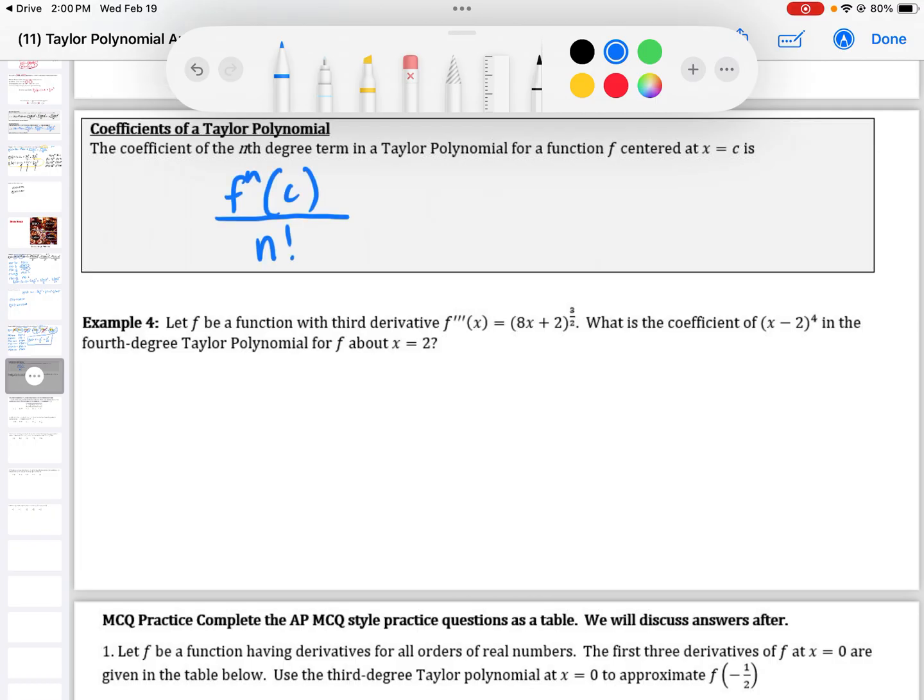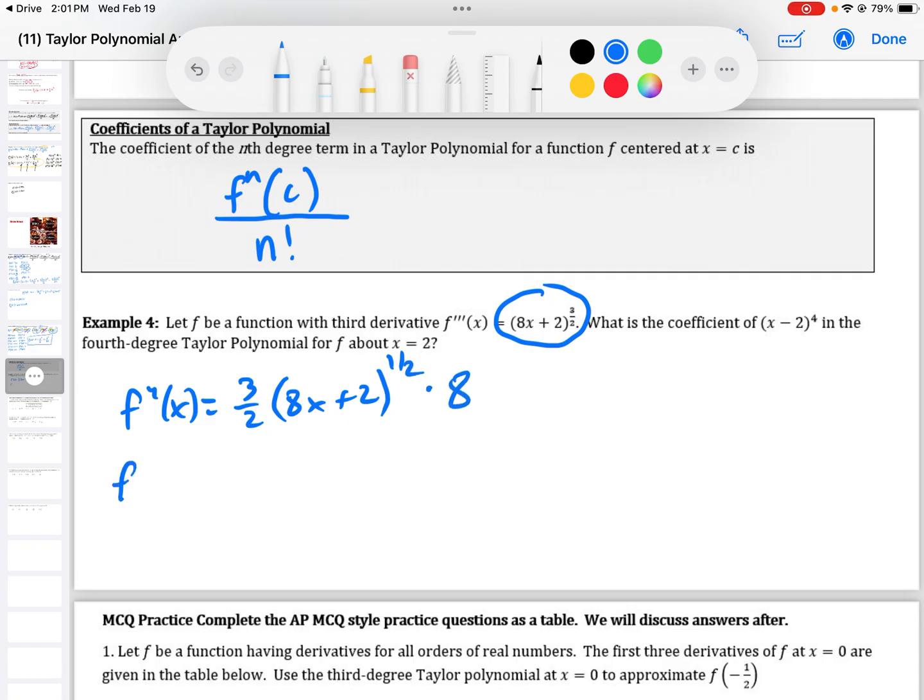What it does help you with, it says let f of x be a function with a fourth derivative, and find the coefficient of the fourth degree term. So instead of writing it all out, we could just do that one step. The fourth derivative of x, I've got to find the derivative of this, would be 3 over 2 times 8x plus 2, subtract 1 from the exponent to get 1/2, times the chain of 8.